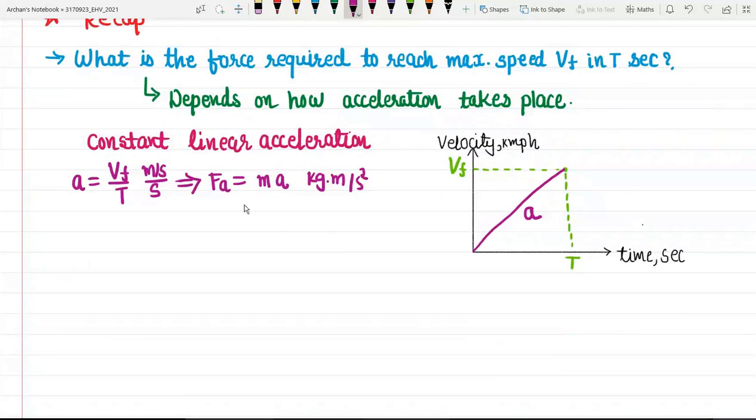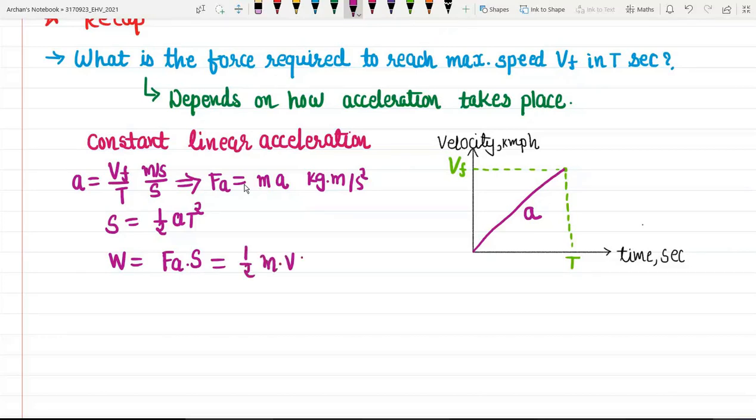Now when this much force is applied, our vehicle will travel a certain distance s, which was given by 0.5 a t square. And from this distance we will be able to calculate the work done w, which is equal to the acceleration force multiplied with the distance. If you put in the values, we get w is equal to half m into vf square.